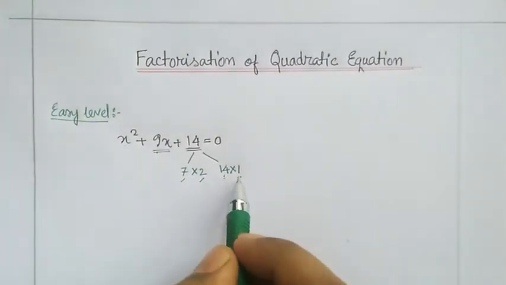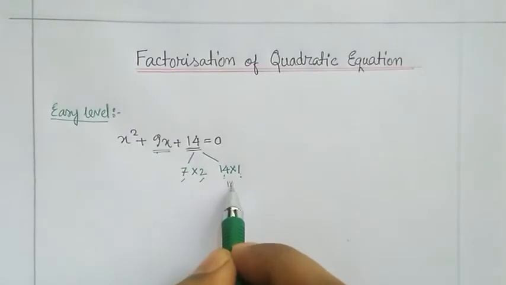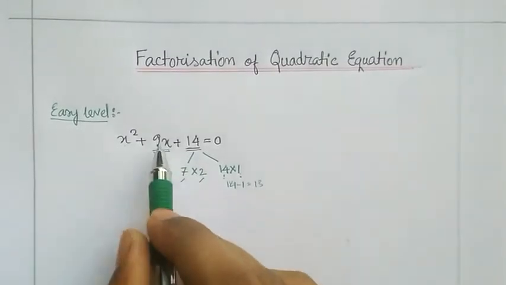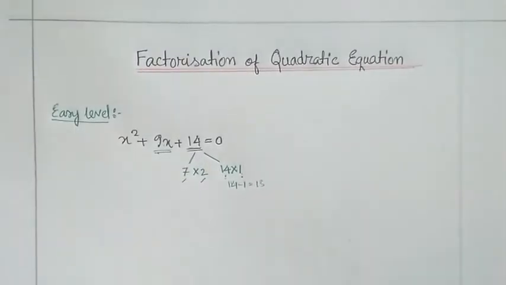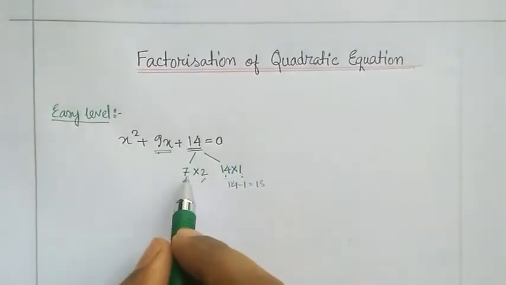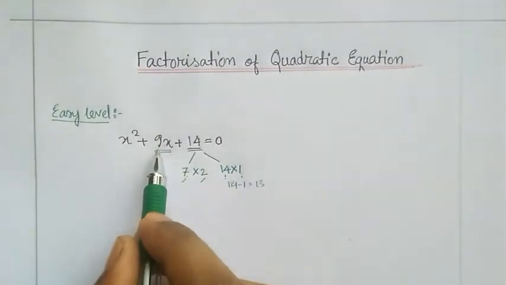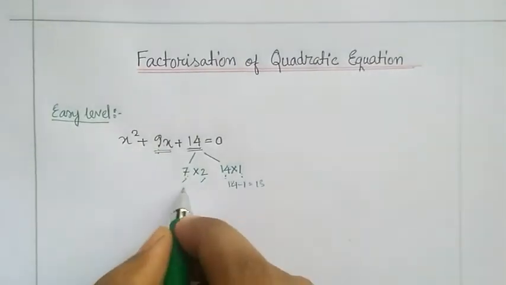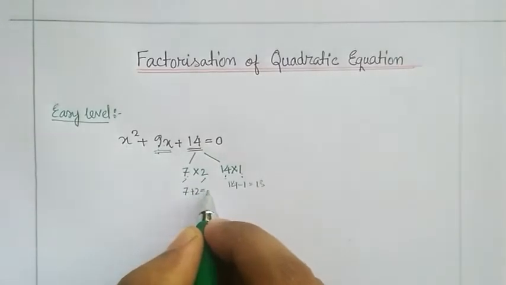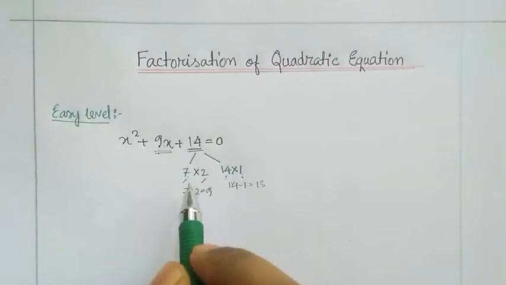If we minus 1 from 14, what do we get? 14 minus 1 is 13, so we don't get 9x. But if we consider 7 and 2, if we minus 2 from 7, we get 5. But if we add 2 with 7, we get 9. So there is our clue. 7 plus 2 is equal to 9. And addition and subtraction of the other ones doesn't give us 9.